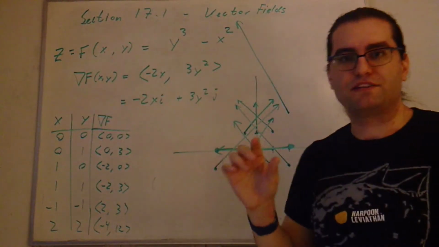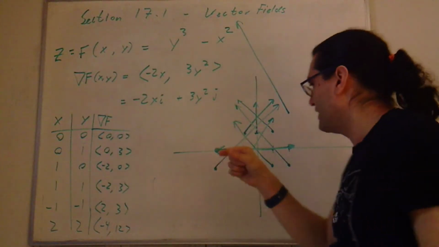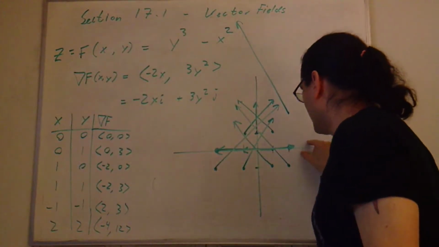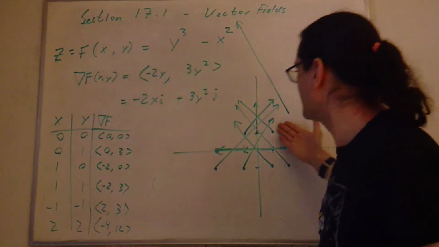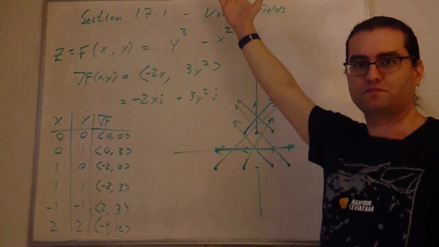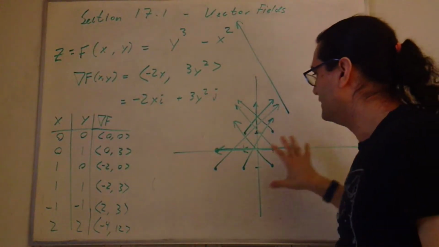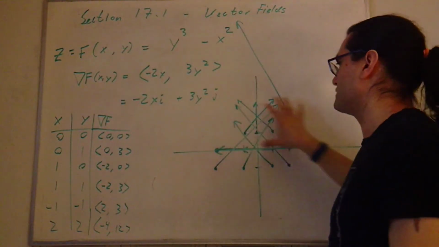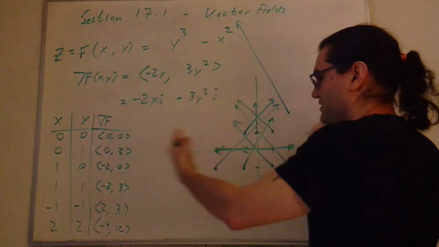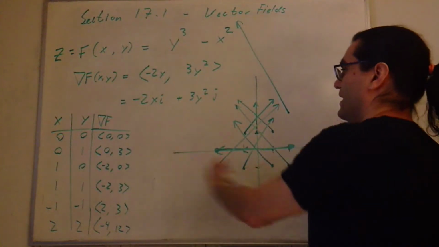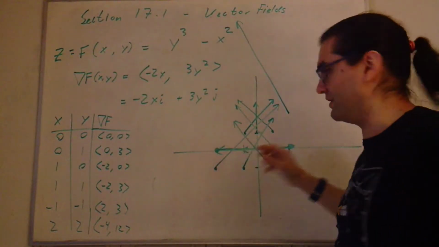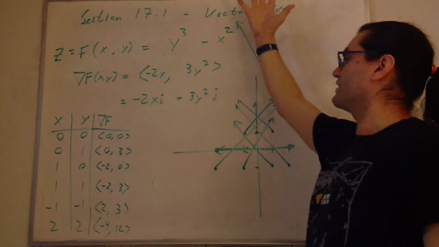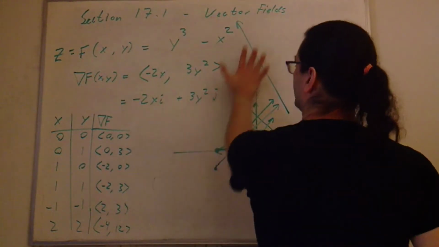You want to imagine maybe a little paper boat. If you put a paper boat somewhere on here, it's going to get pushed in this direction. If this is a magnetic field, I don't know if it's possible for this weird crisscross thing to be a magnetic field, but if this were a magnetic field and you dropped an iron marble in there, it would move in this direction. Or if you dropped it over here, it would move in this direction.